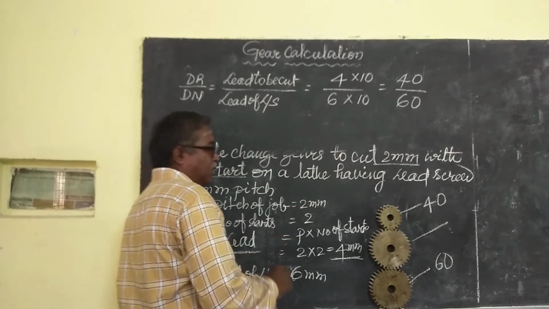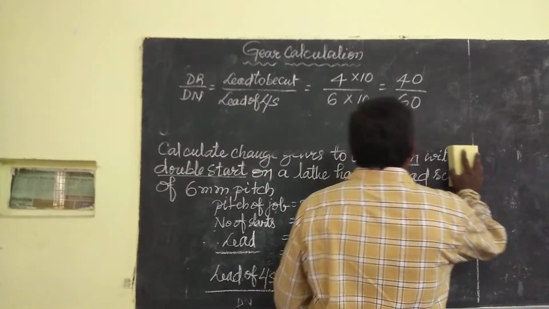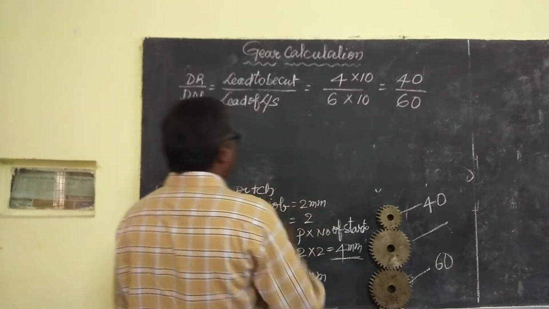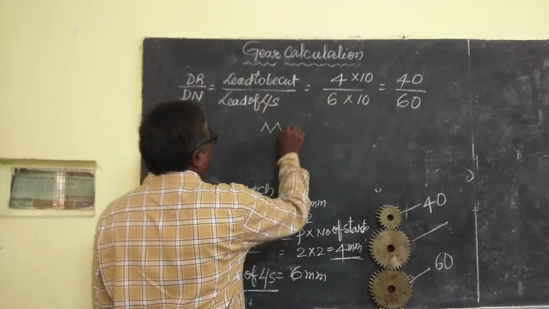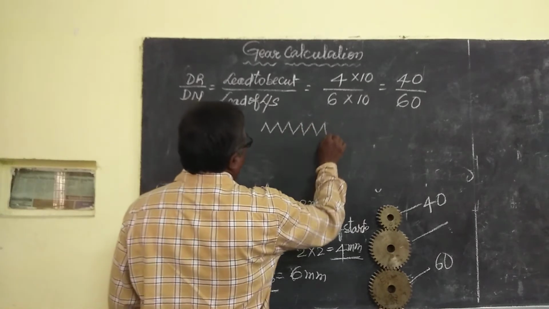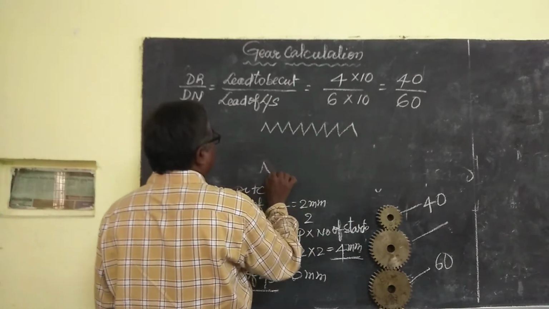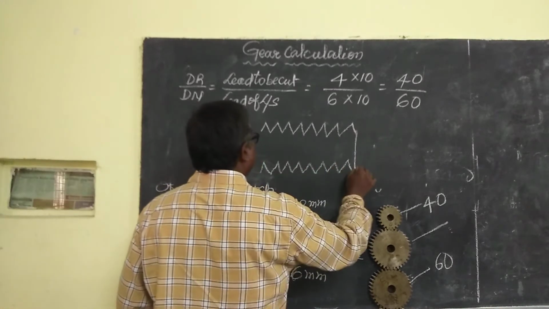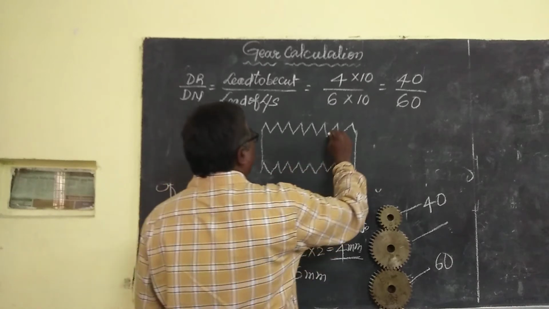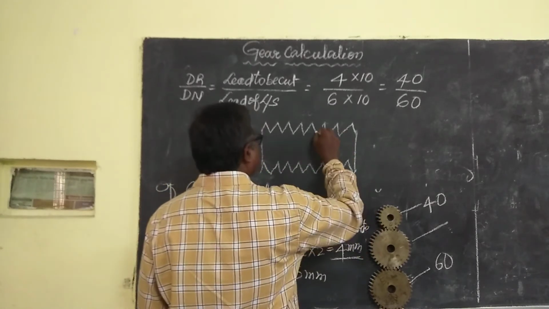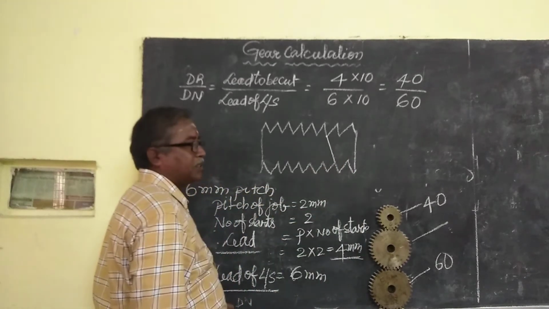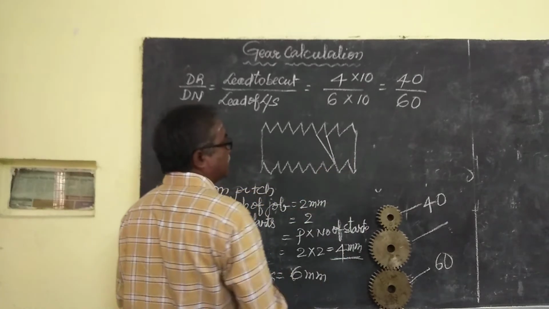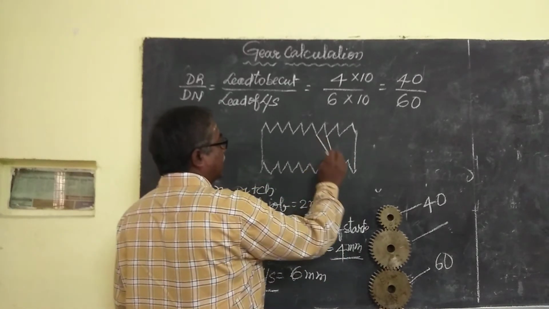For example, that also I will show you. You see the thread carefully. The threads are like this. For example, if it is a single start, the helix will be like this. If it is a double start, the helix angle will be increased. 2 starts, one, another.